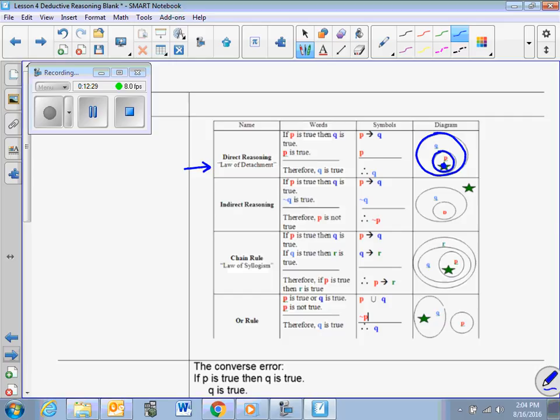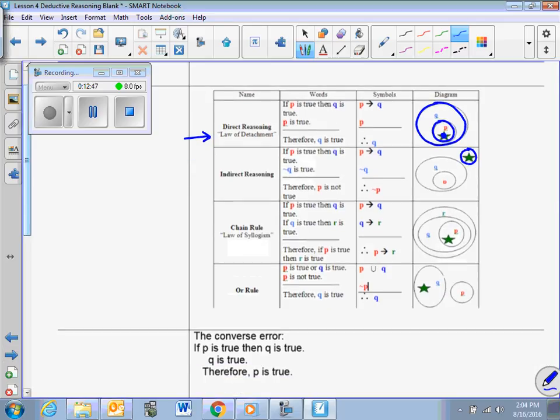Indirect reasoning: if P is true, then Q is true. If not Q is true, then P is not true. So that's just saying in this case I would be out here, I would not be inside. And don't worry too much about this. We'll go over this some more in class in our examples. The law of syllogism, which you might hear someone refer to as the chain rule.